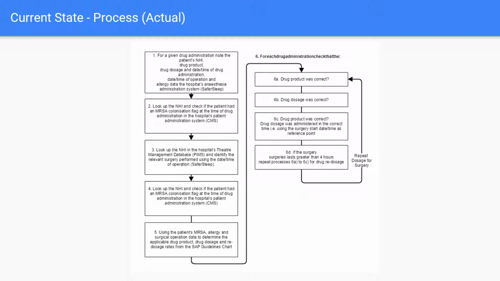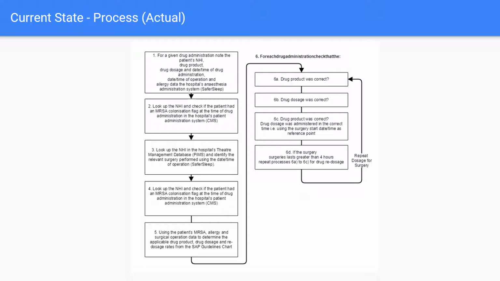In reality, that process is very different. We're now looking at the process from a perspective of auditing it. So if somebody wanted to find out if the correct drug regime was administered, this is what they would have to go through. They'd firstly use the patient's NHI to identify the drug product, drug dosage, and date and time of drug administration.